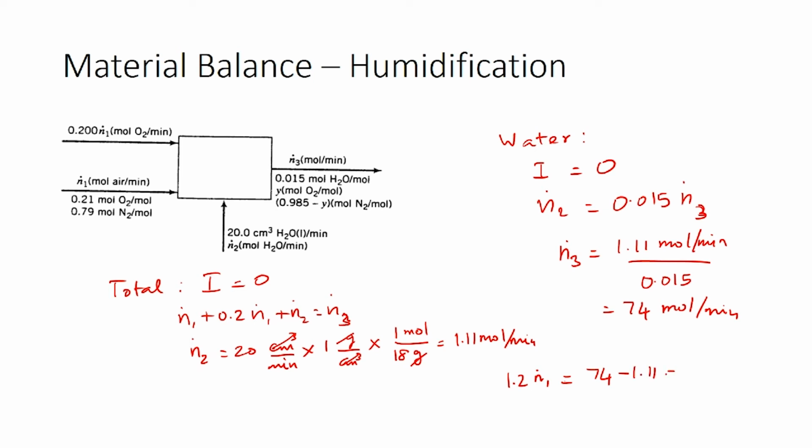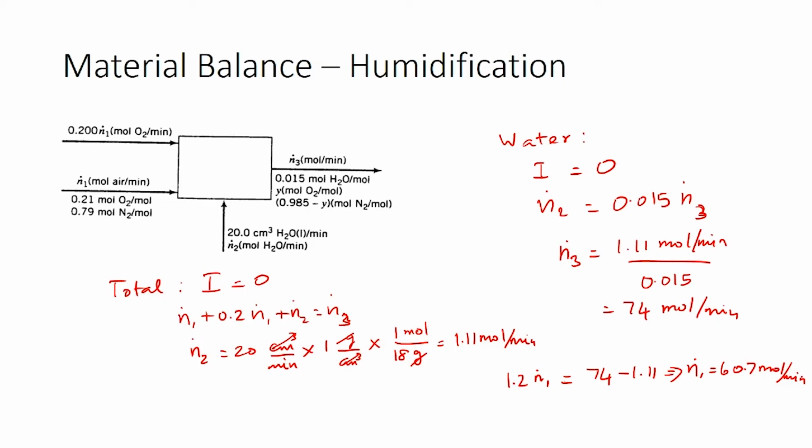Thereby, you can calculate N1 dot as 60.7 moles per minute. So, the molar flow rate of air which is entering the system is 60.7 moles per minute.